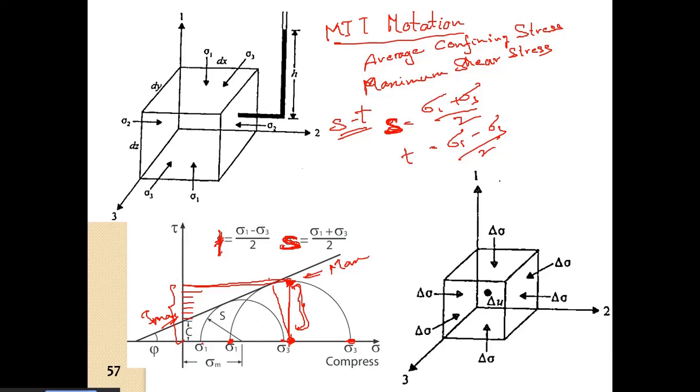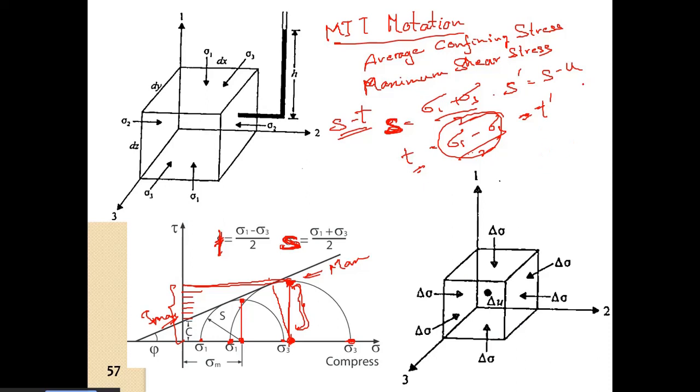If we have a lower stress configuration, here we have this maximum stress at this point, and we have this average confining stress. So this is the ST notation, right? So here also, S dash, that is the effective average confining stress, is equal to S minus U, and T is ultimately independent of pore water pressure. So shear stress is equal to the effective shear stress as well.